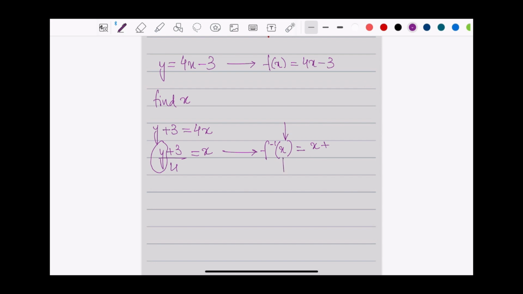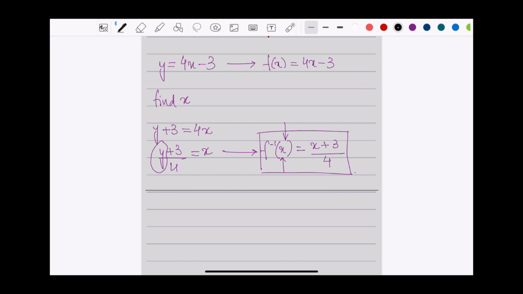Whatever I'm writing in as the input is going to be changed with that variable. So this is the basics of functions. In any equation where y is already the subject, you make x the subject, that is f inverse of x, in simple words.